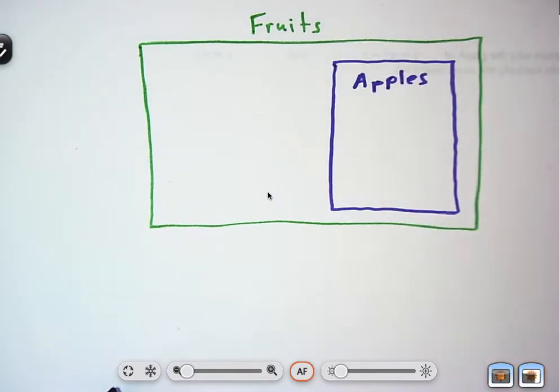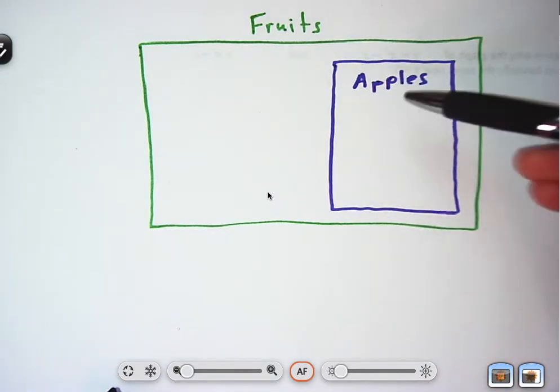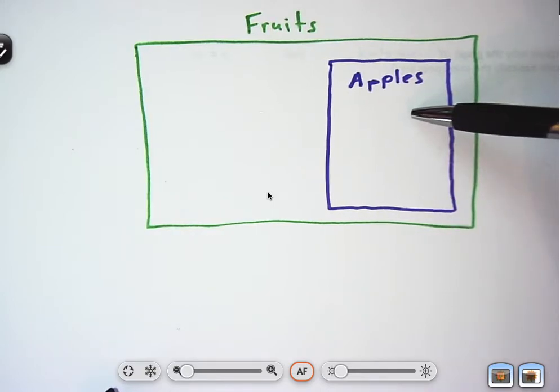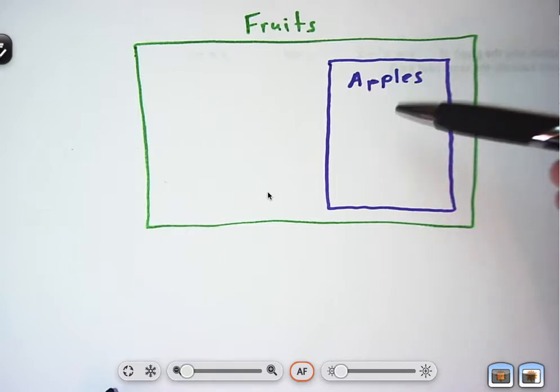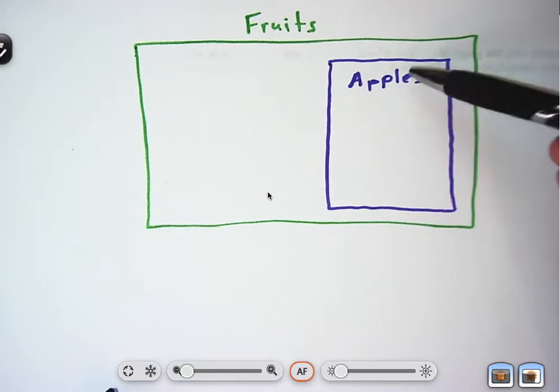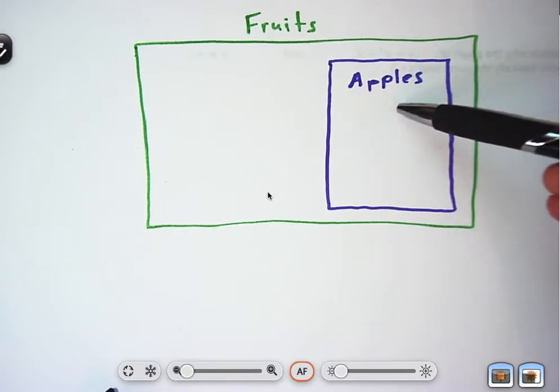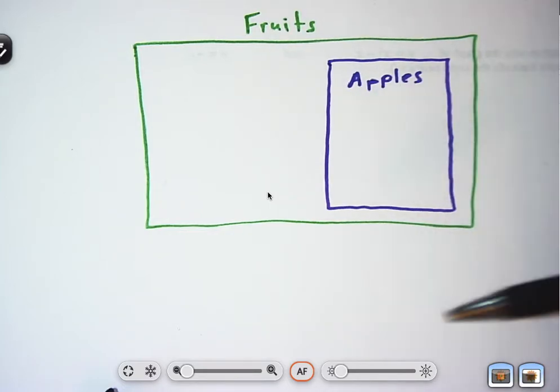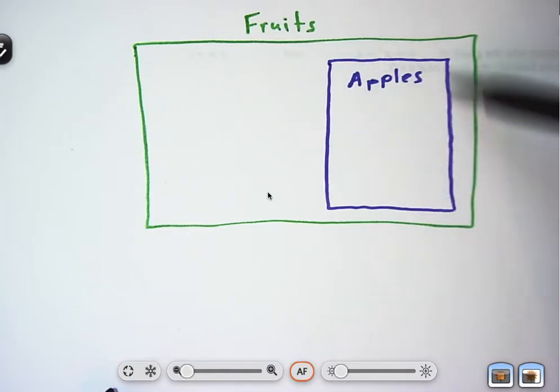So, for example, in here you might have the red delicious apple, the Fuji apple, the different types. So Fuji is an apple, so it falls into the apple category, but is also inside the fruits, so that's why it's in here. So everything that is an apple is also a fruit.